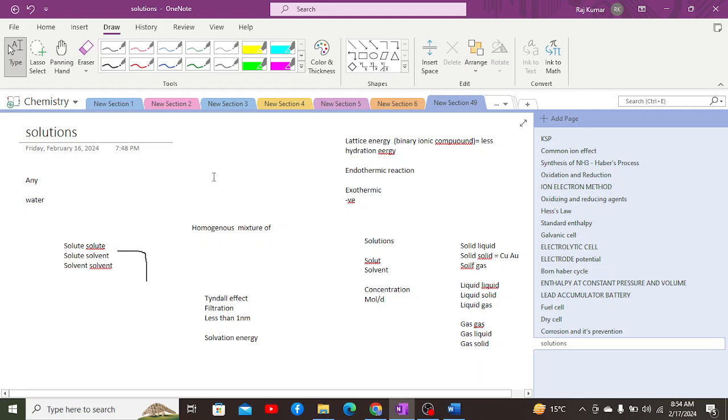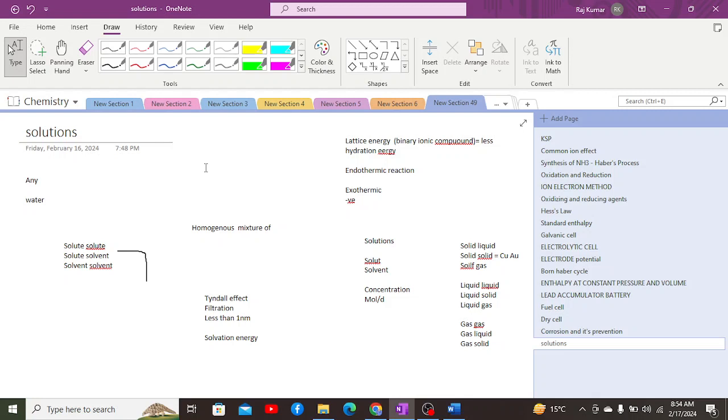Now hydrophobic and hydrophilic molecules. Hydrophilic are those which love water, which interact and are miscible with water, and hydrophobic are those which are immiscible with water. Those which are miscible with water are known as hydrophilic, and those which are not miscible with water are known as hydrophobic.